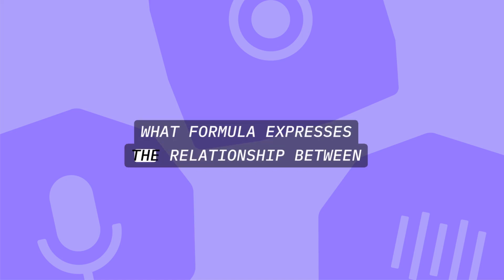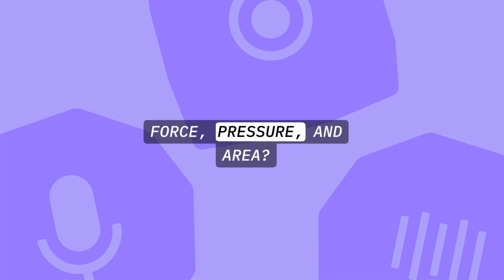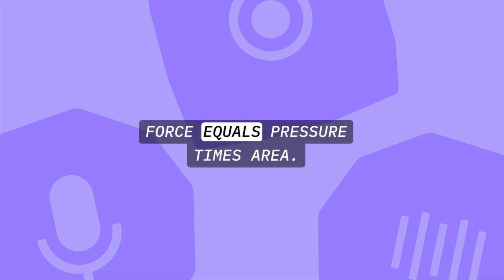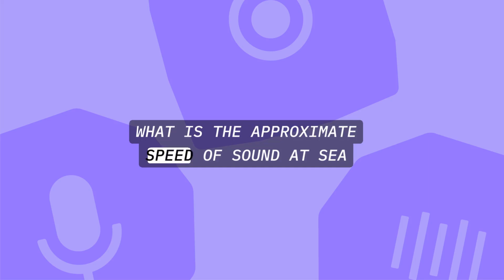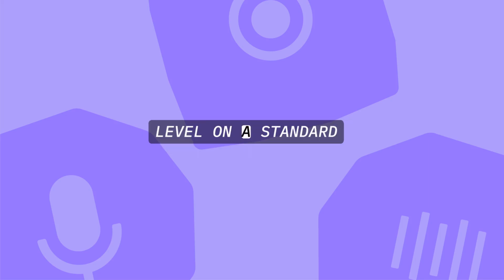What formula expresses the relationship between force, pressure, and area? Force equals pressure times area. What is the approximate speed of sound at sea level on a standard day? (661 knots).